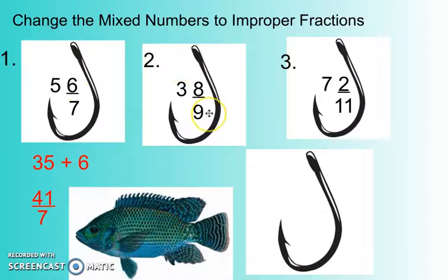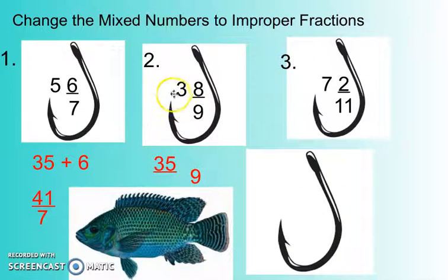How about 3 8/9? Yes. If I do 3 times 9 is 27, plus 8 is what? 35. Nice job. Okay, so we have 35, and in this case we have ninths.